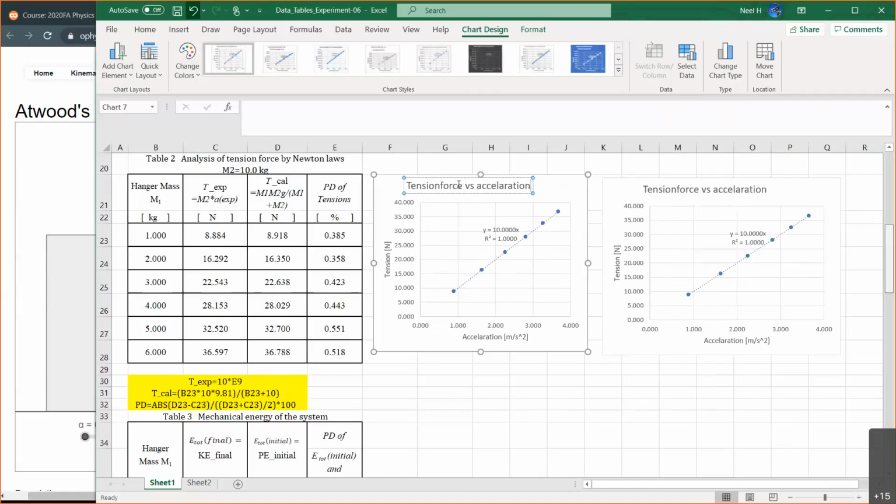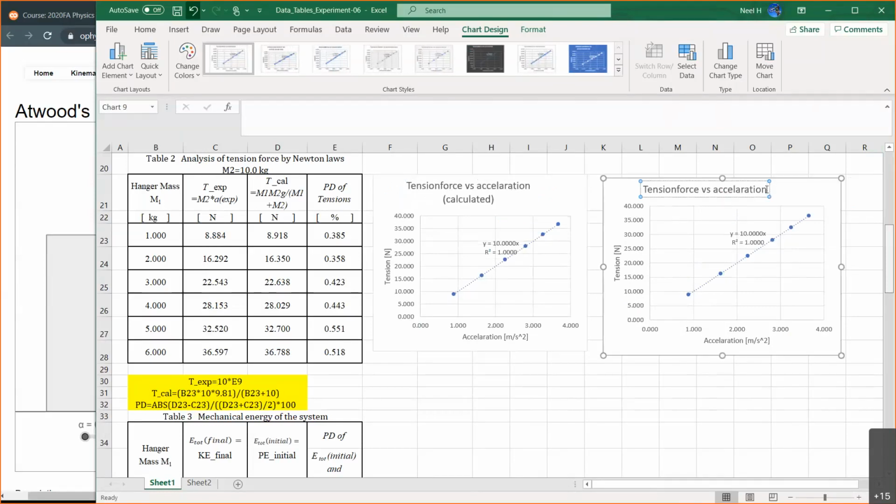This is tension force versus acceleration. This is for calculated, right? You can put parentheses calculated. And this one is the same tension acceleration, but this one is actually for experiment. You can say experimental. Then we know that is two different things, not the same graph.